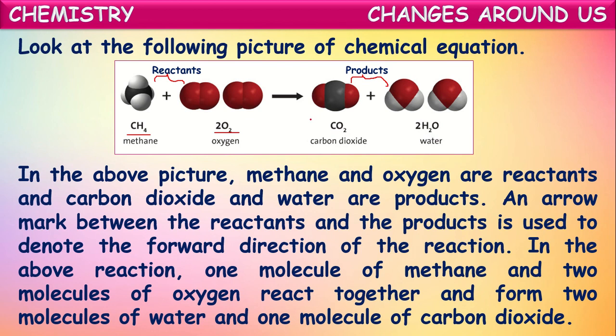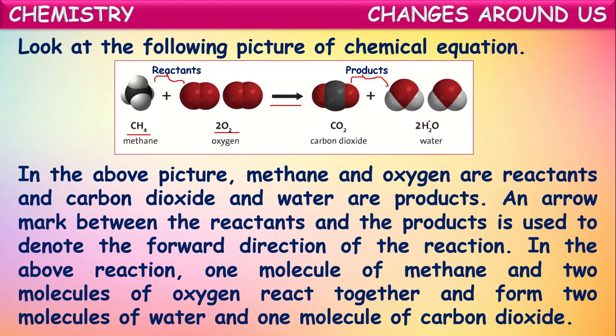Okay. In between these reactants and products, an arrow mark is shown. The arrow mark between the reactants and products is used to denote the forward direction of the reaction, meaning these are producing these. So the left hand side substances react together to yield the chemical substances shown on the right hand side.